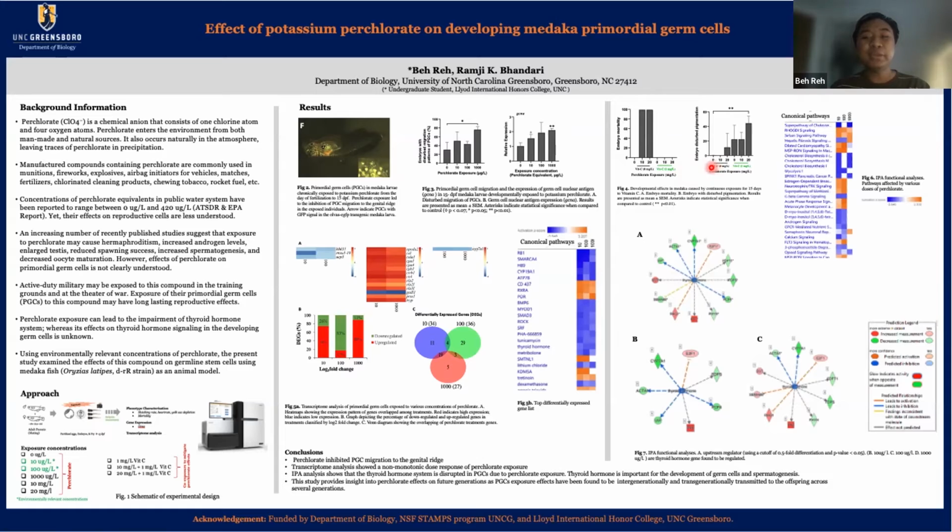And we found a significant increase between the 20 microgram per liter with co-exposure to vitamin C when compared to the control. I don't know why this is blurry, but we also found that the thyroid signaling pathway increased in the primordial germ cell. This pathway also protects germ cells from oxidative stress or free radicals, maintaining genomic stability and fertility.